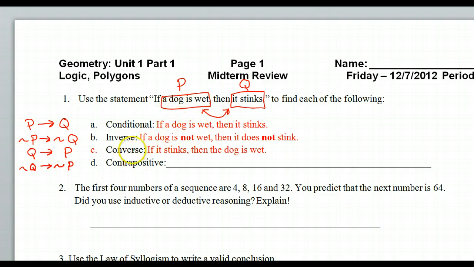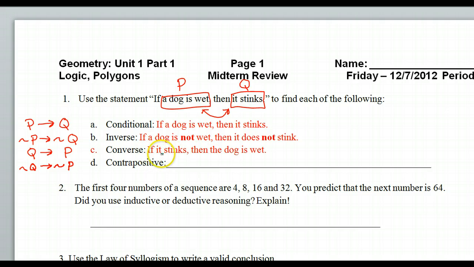So I can sort of get the contrapositive from the converse. The converse, we've already reversed them. So I can use this as a model, okay? If it stinks, then it's a dog. That's already backwards. So all I need to do is negate that, and then that should be my contrapositive.